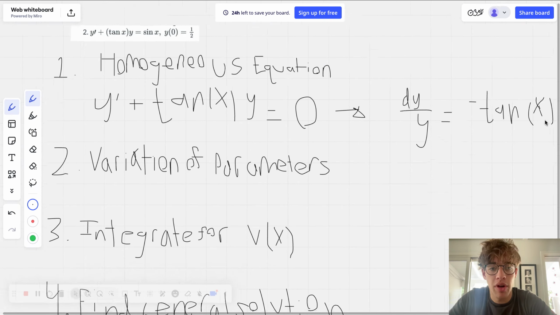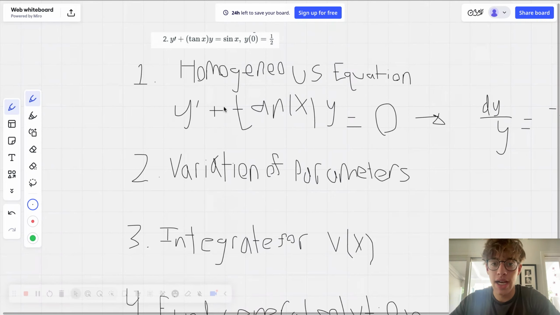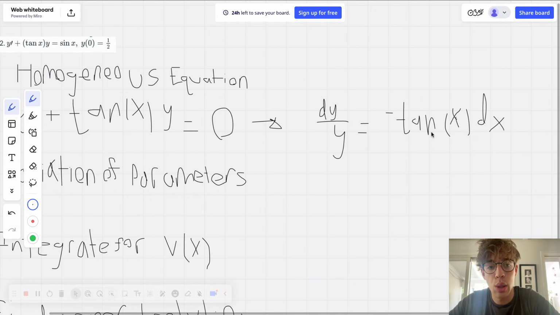We go through the process of turning the y prime into dy dx, and then we first have to subtract this to the other side. Then we divide both sides by y, multiply both sides by dx, and boom. That's how we get this.